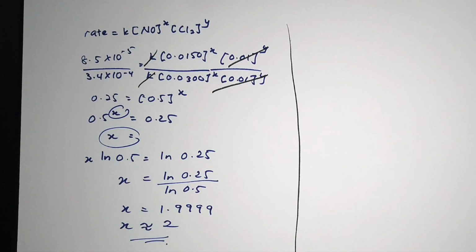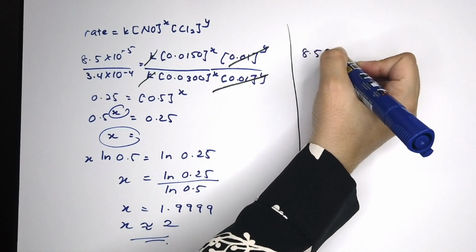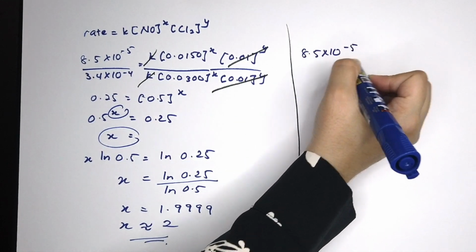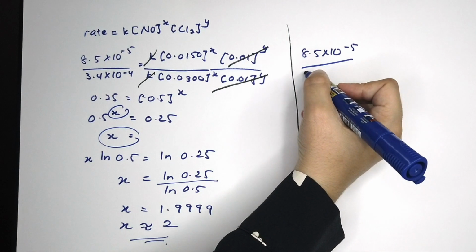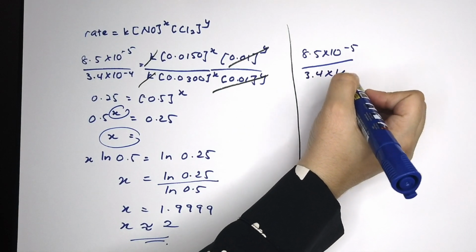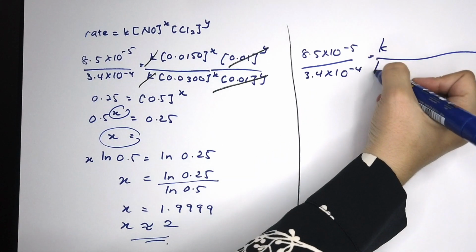The same drill: experiment number 2 is 8.5 times 10 to the power of negative 5, divided by experiment number 3, which is 3.4 times 10 to the power of negative 4, but here the values are different.